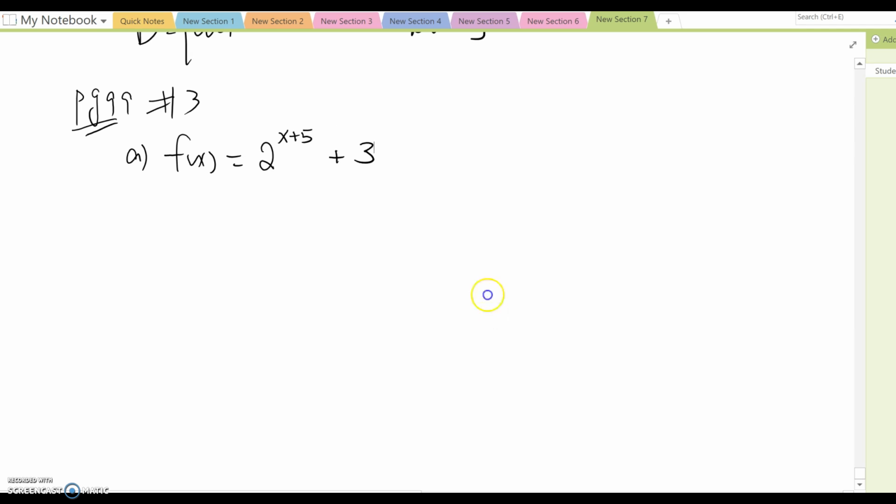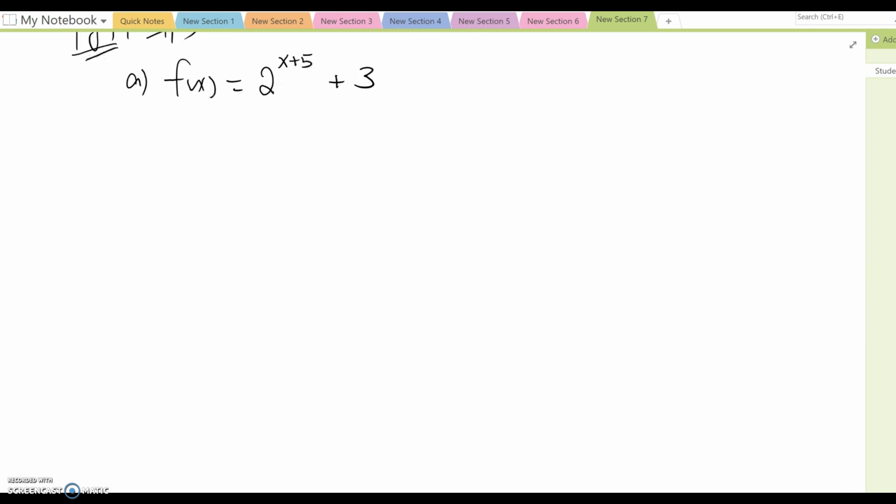So the last time we talked about exponential function transformations. In this case, we have 2 to the x plus 5 power here. Let me temporarily hide this number, so assume we don't have it. So we have only 2 to the x plus 5 power.